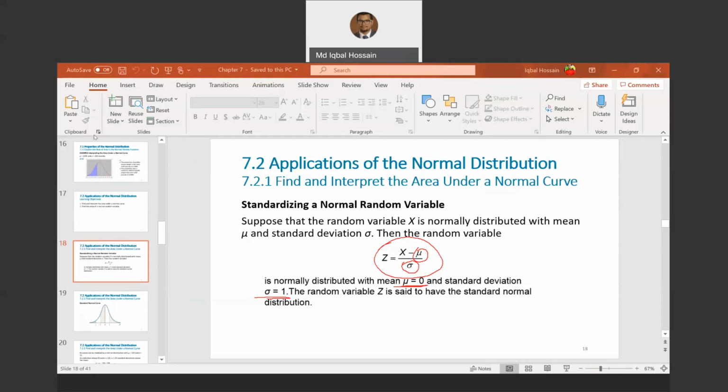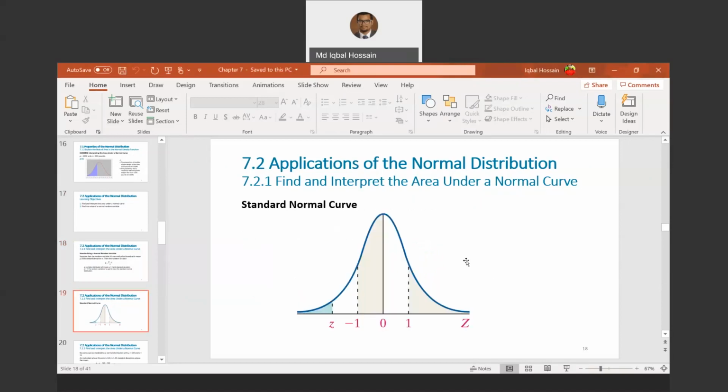Fine. So we are familiar with that formula, and we will use it a little bit later. We are also familiar with the standard normal curve. Let's see what the difference is between the standard normal curve and the normal curve.